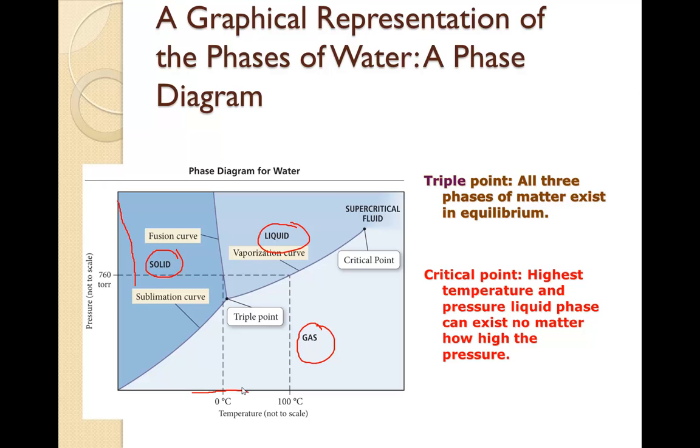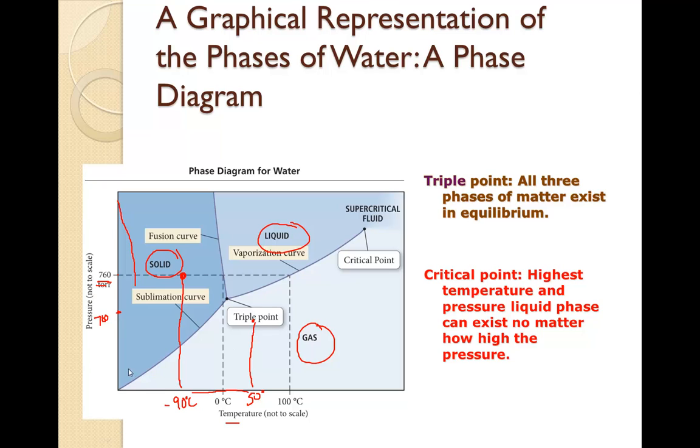For instance, at 760 torr, if it's at, let's say, approximately negative 90 degrees Celsius, it's going to be a solid state. At maybe 700 torr, and the temperature is up to 50 degrees, is going to be a gas state. So changing the pressure and changing the temperature can affect what physical state it is. And this chart tells us this.